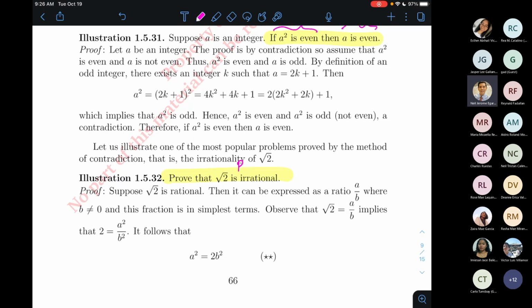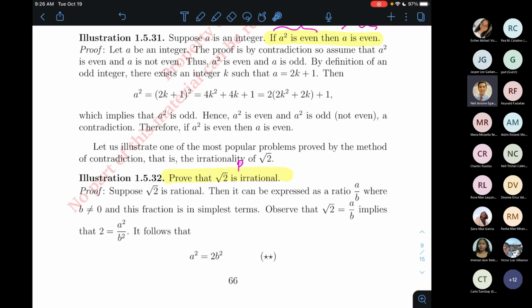Maganda rin yung storya behind this theorem because the ancient Greeks, the Pythagoreans in particular, believed that all numbers are rational. So, naniniwala sila na lahat ng numbers kaya mong isulat as a ratio of two integers. And then, laging lumalabas sa computation yung square root of 2 because the Pythagoreans are the masters of measuring things using a triangle.